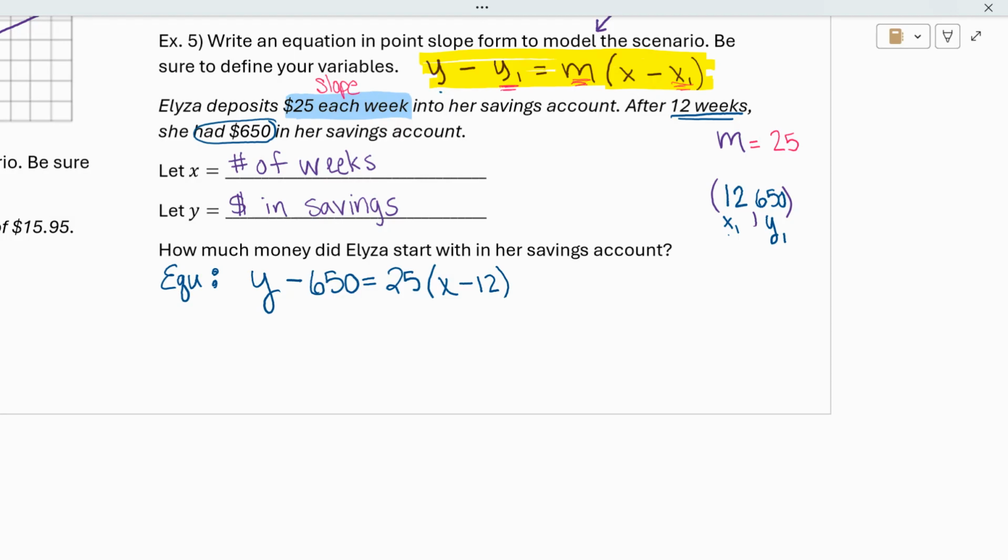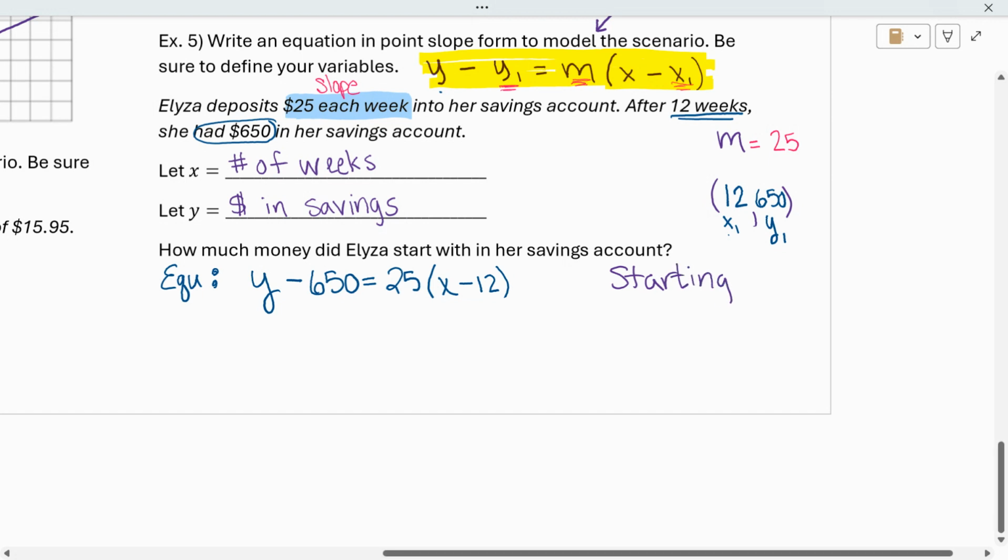Okay, so the question is, how much money did Eliza start with in her savings account? So if I'm just now starting my savings account, what time is that? What is the value of X? Like when I just begin.